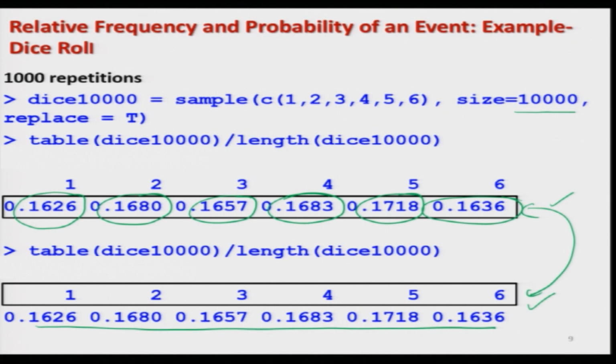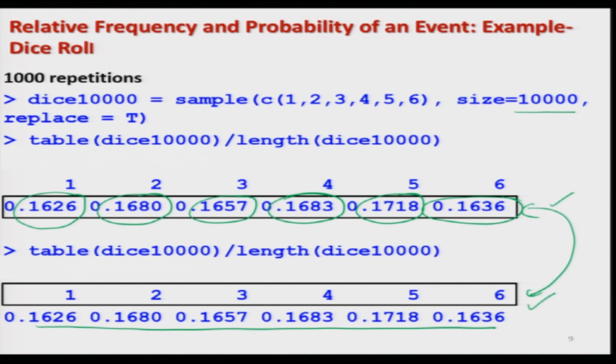But definitely if you try to increase it beyond 10,000 times, then the difference among the values will become very small. And what we expect is that as we repeat it a large number of times, all the values of these relative frequencies will become the same. But in practice, what is infinity? This is very difficult to define. But for all practical purposes, we assume that the number of repetitions is pretty large. That is what we mean when we say limit n tending to infinity.